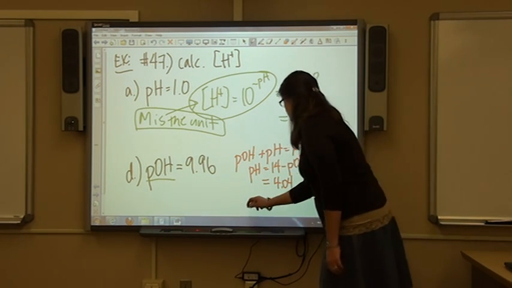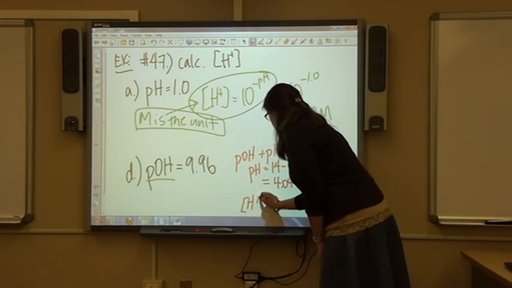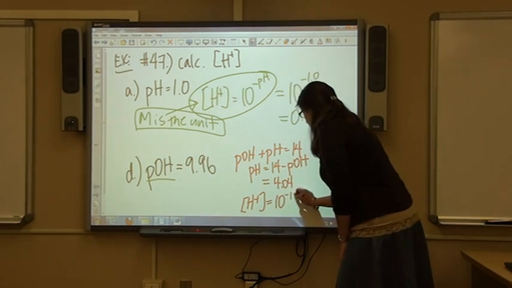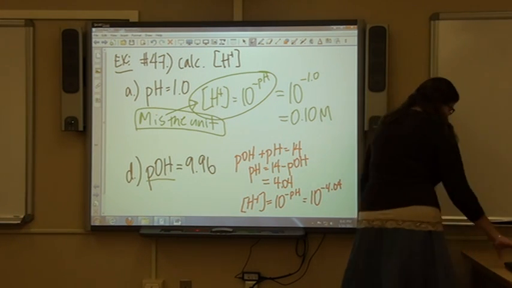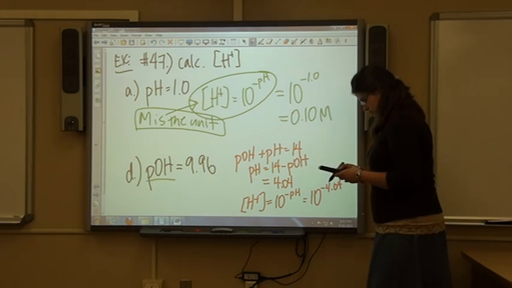Then if you put that into your formula for H plus, 10 to the minus pH equals 10 to the minus 4.04. Let me give you an answer for that.